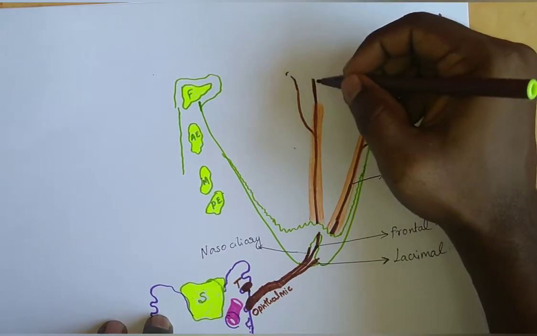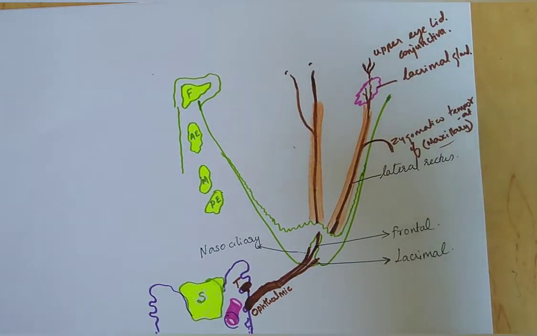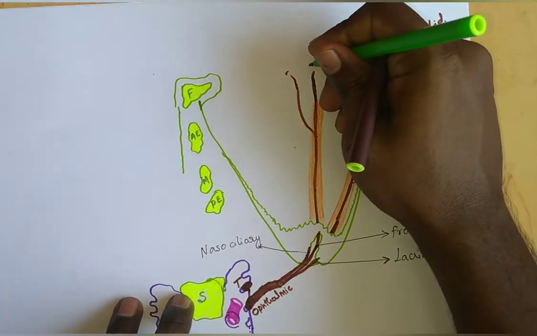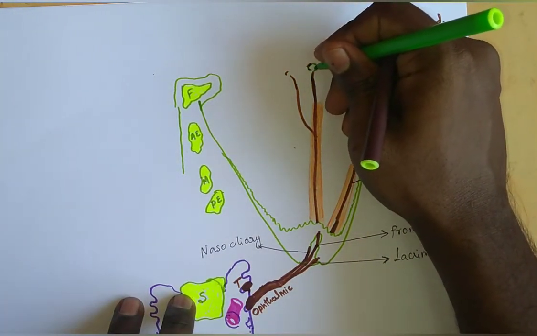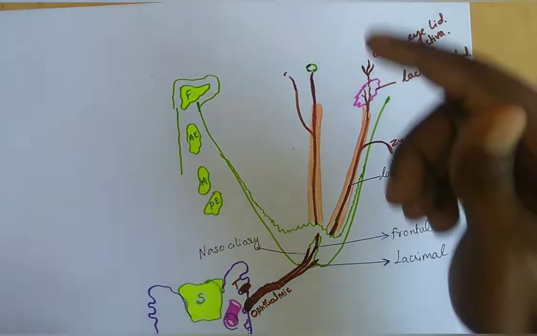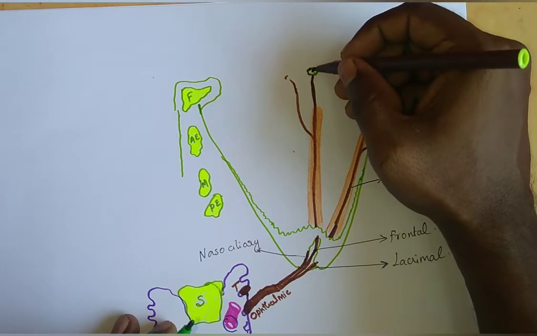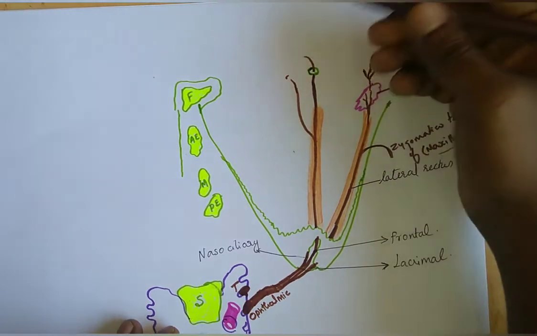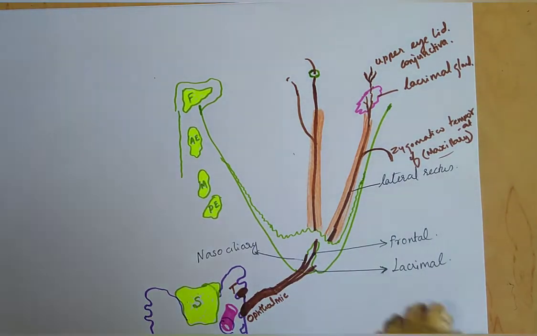The supraorbital nerve enters through a foramen or a notch along the superior orbital border, and then curves backwards to supply the forehead and the scalp.